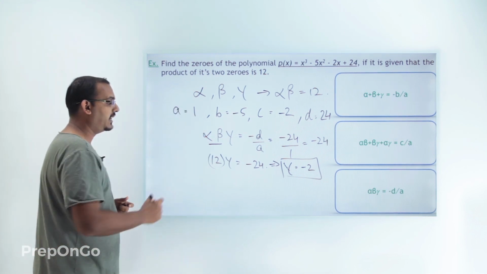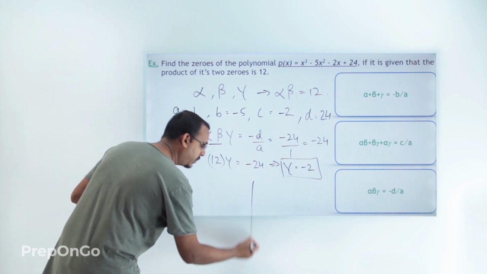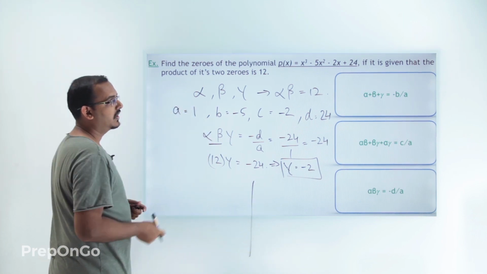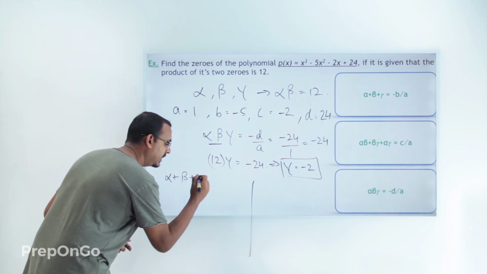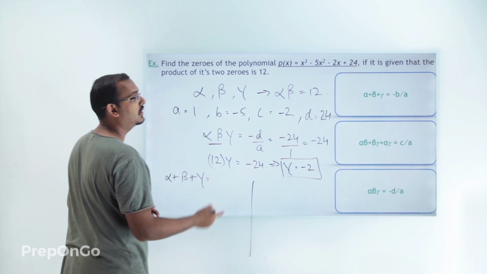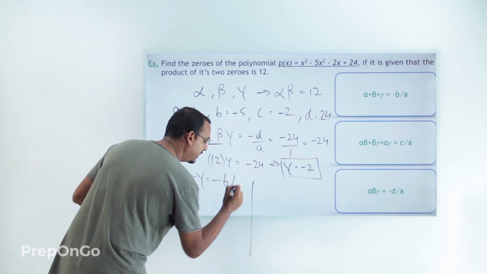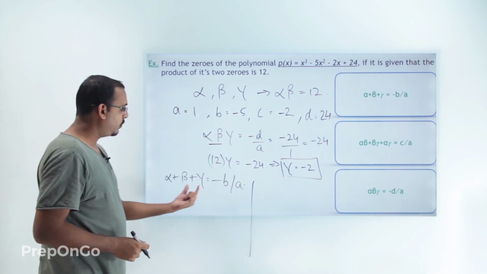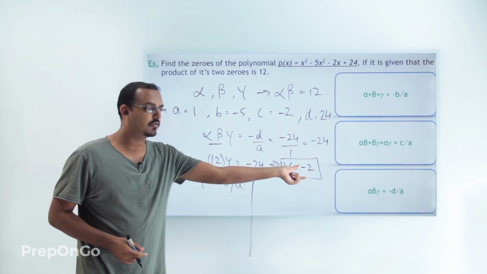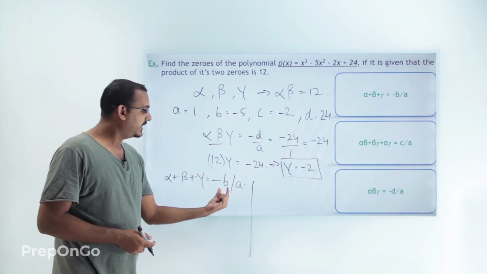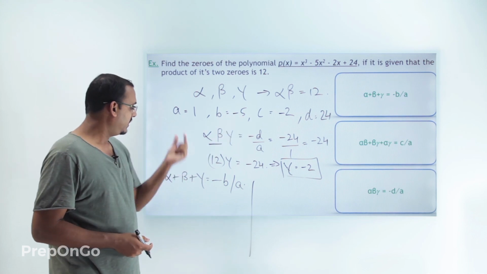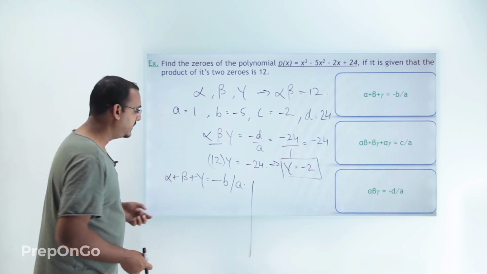We can use that expression to find one equation in alpha and beta. We know the value of gamma is minus 2, so we can substitute the values of gamma, b and a to find the value of alpha plus beta.